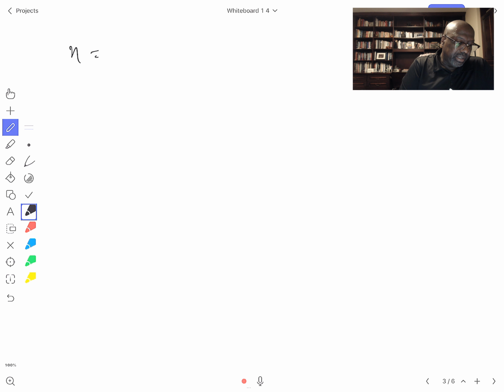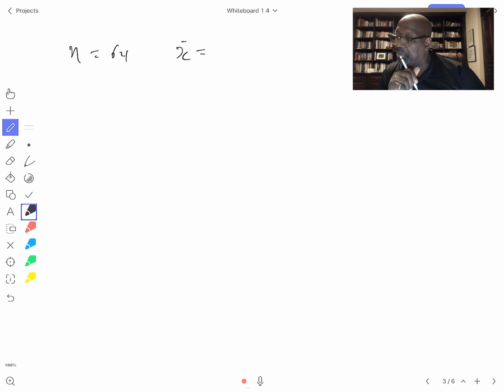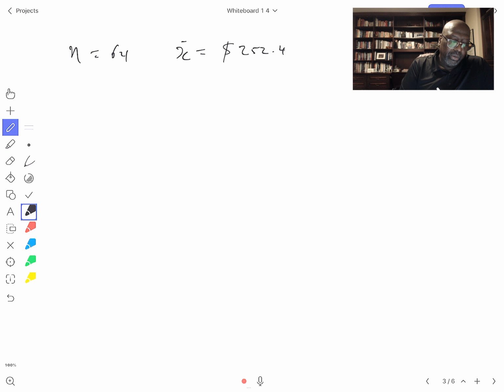Sample size is 64. We obtain a sample mean of 252.45 and a sample standard deviation of $74.50. A 95% confidence interval is what we're looking for.